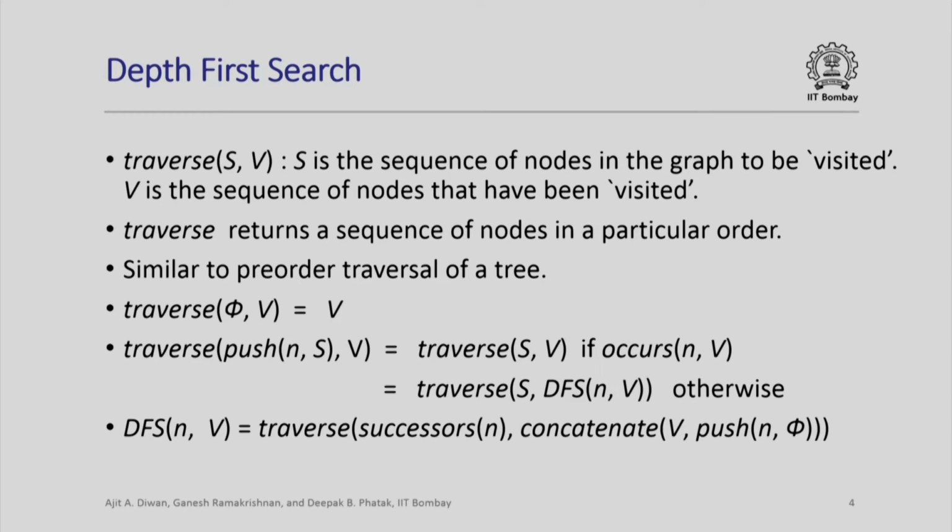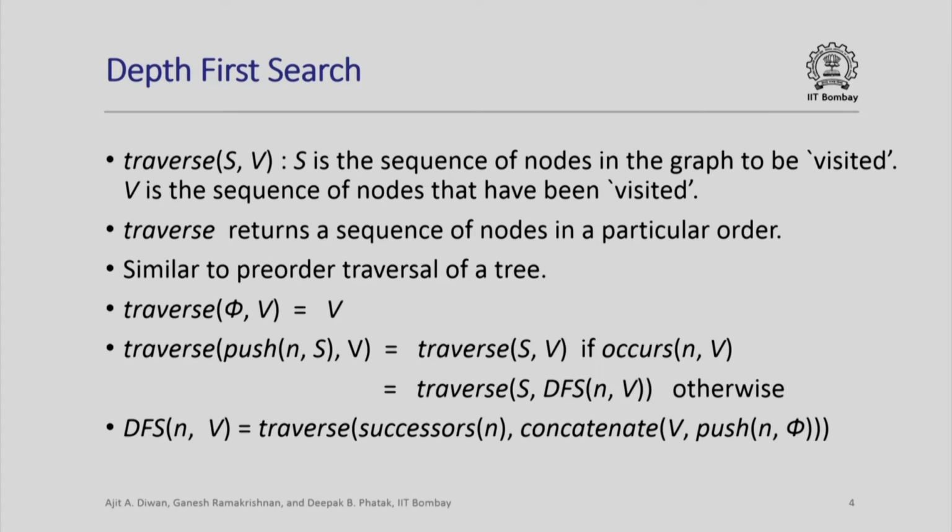If the sequence of nodes to be visited is not empty, so there exists a first node n, which may or may not have been visited, we check whether it already occurs in the set of visited nodes. If it does, then we do not do anything, we just move to the next node in the sequence S. So, if a node in S has already occurred in V, then we ignore this node and do nothing.